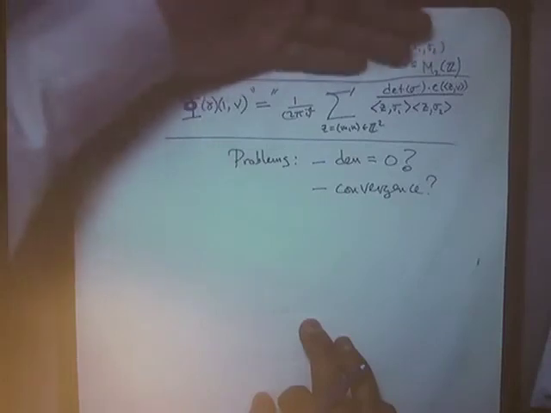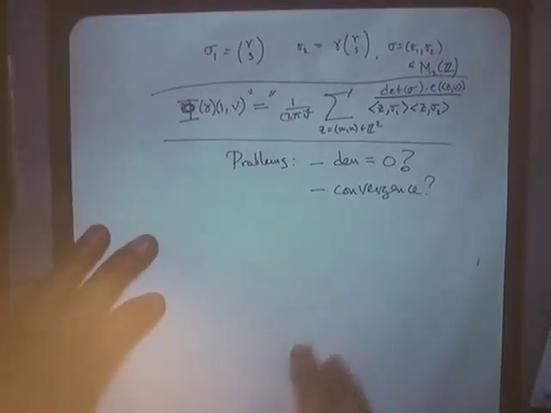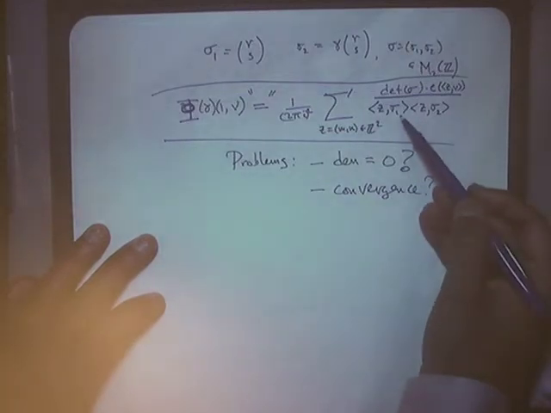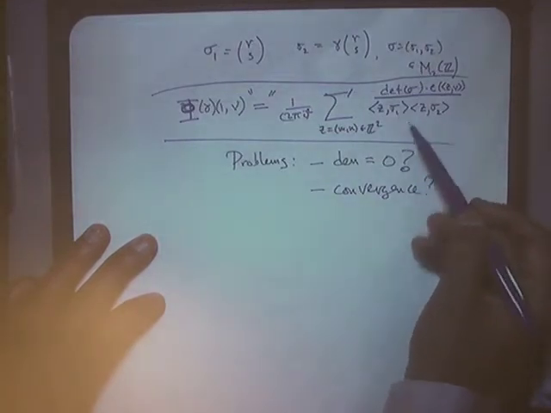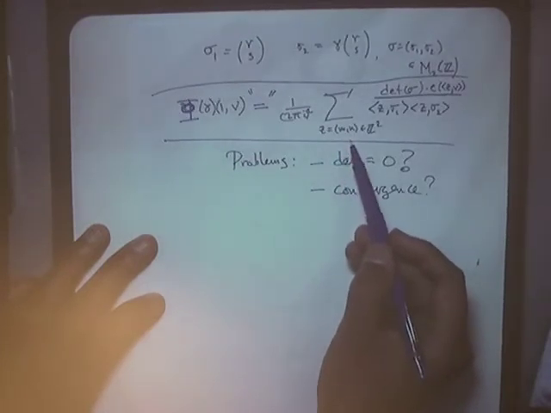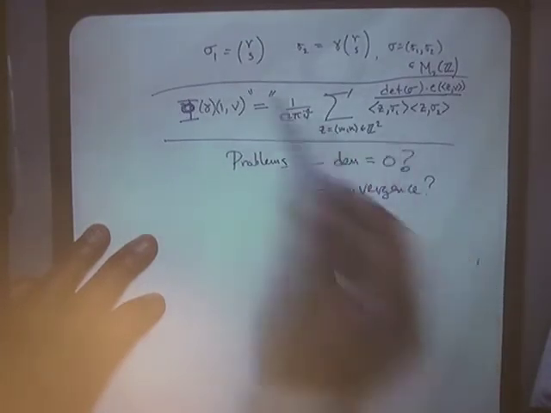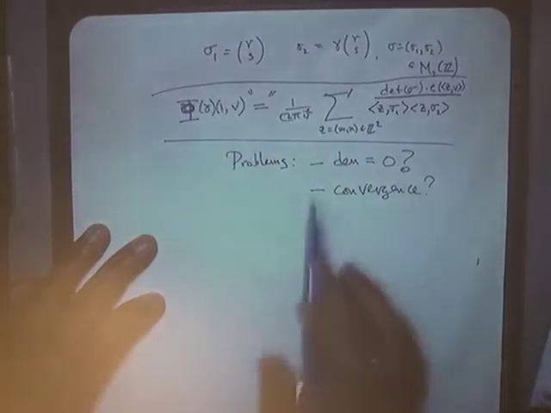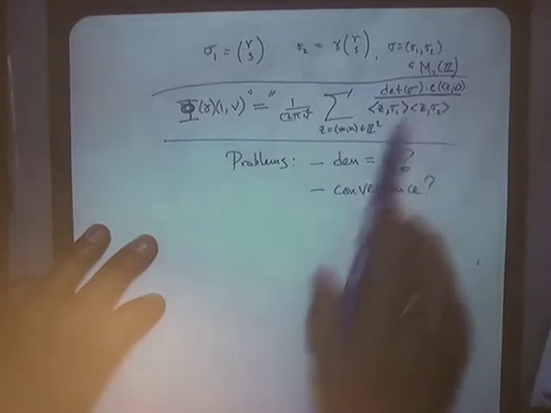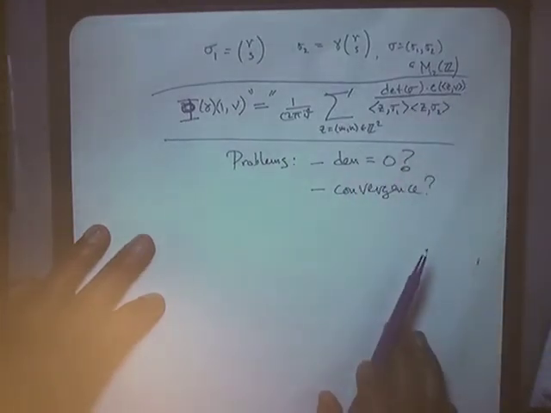If this made sense, I could still define it. But it doesn't make sense, because the denominator can be 0. σ1 and σ2 are some vectors. There are going to be plenty of vectors in Z² that are orthogonal to them, like (−s, r) will be orthogonal to (r, s). So I have to say what to do with that. And then convergence: this still doesn't converge absolutely, so you have to say what you mean by summing it.